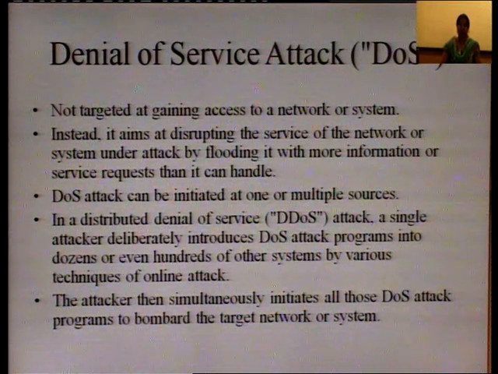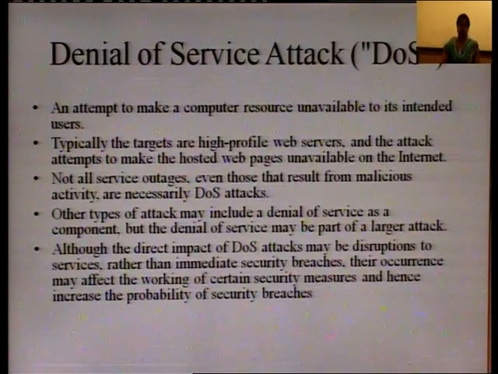In a distributed denial of service attack, a single attacker deliberately introduces DOS attack programs into dozens or even hundreds of other systems by various techniques of online attacks. The attacker then simultaneously initiates all those DOS attack programs to bombard the target network or system.